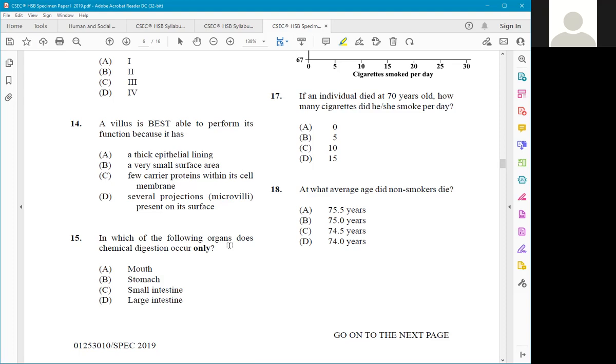The only really should go in front of chemical. And if we do that, we would say, in which of the following organs does only chemical digestion occur? That's what we want. We want to know the one where only chemical digestion is taking place.